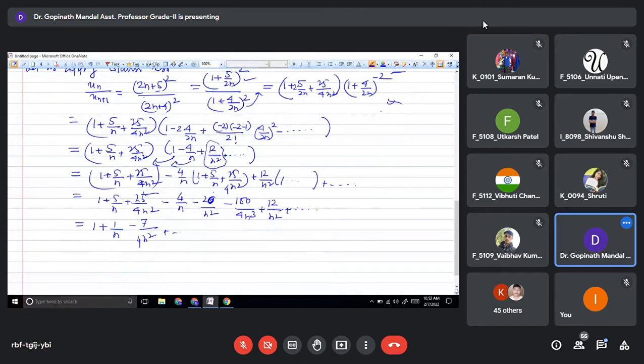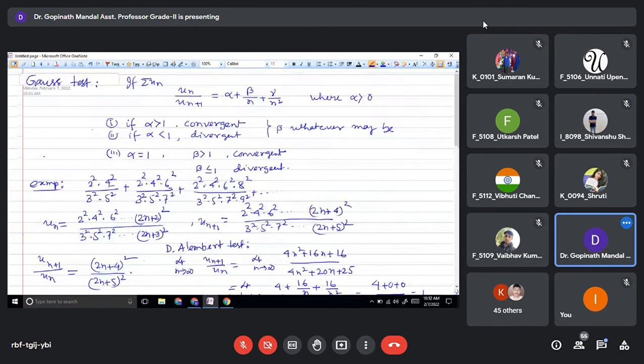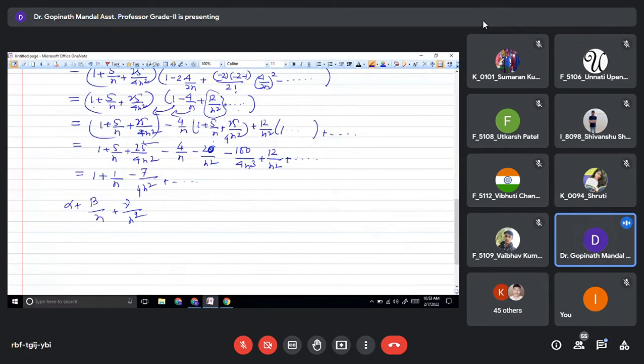Okay. Now this is of the form alpha plus beta by n plus gamma by n square. Right, un by un plus 1 is alpha plus beta by n plus gamma by n square. Now in that case alpha is equal to 1, so for alpha equal to 1, we consider beta.